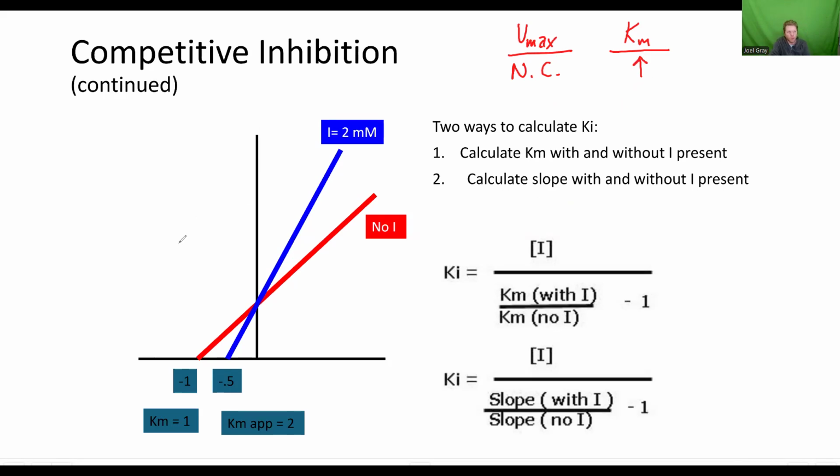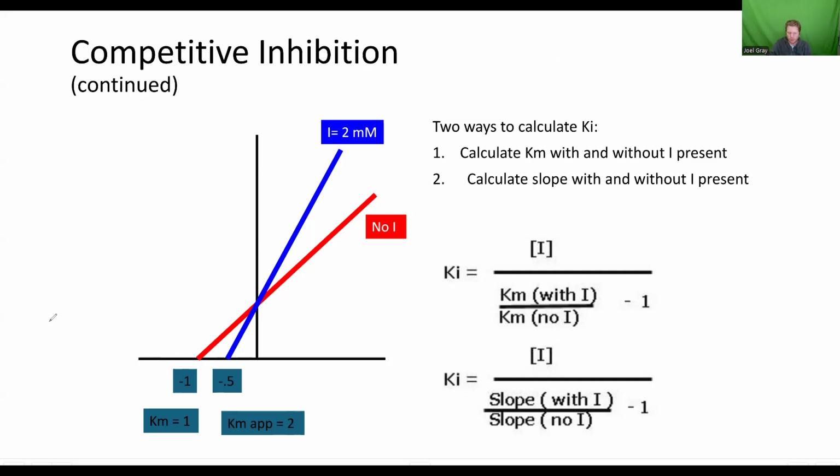So your Km will go up, your Vmax is unchanged. Any type of competitive inhibitor is going to display that. The Km goes up, the Vmax does not change. And think about that as like a test question. This type of inhibitor causes the Vmax to remain unchanged, but the Km to increase. Oh, okay, well, that's a competitive inhibitor.